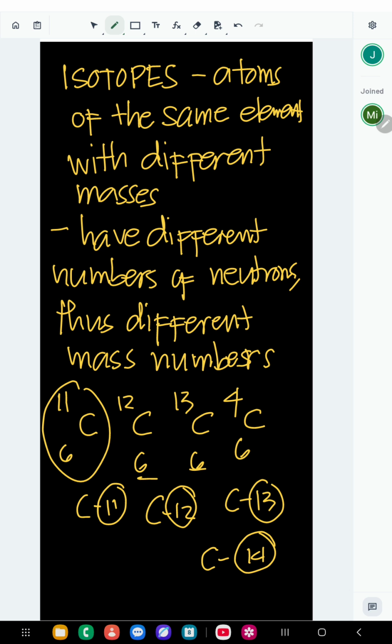What else? Also, I'm not sure if it's included in your lessons yet. Fractional abundances, relative abundances, like calculating the average atomic masses. Not yet. That would be the next lesson, I think.